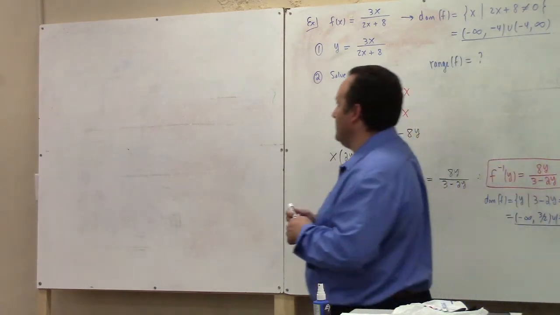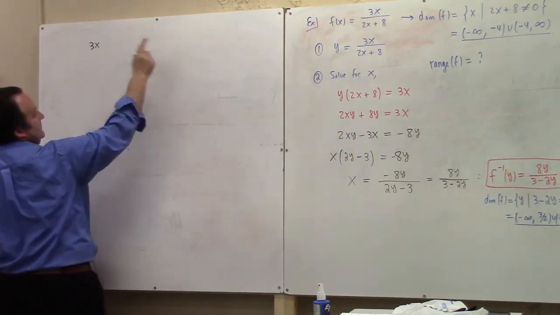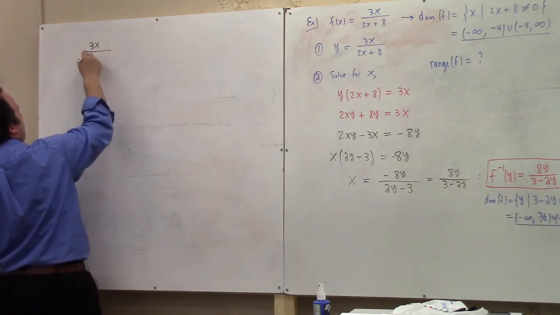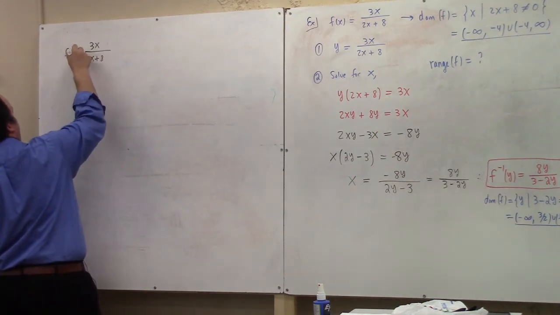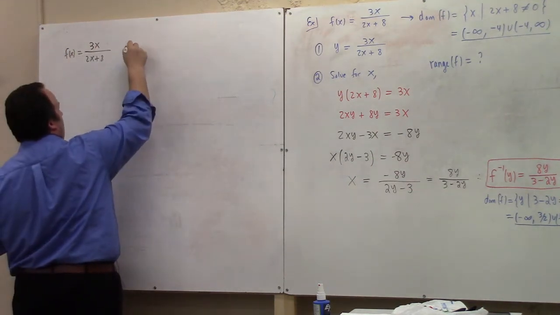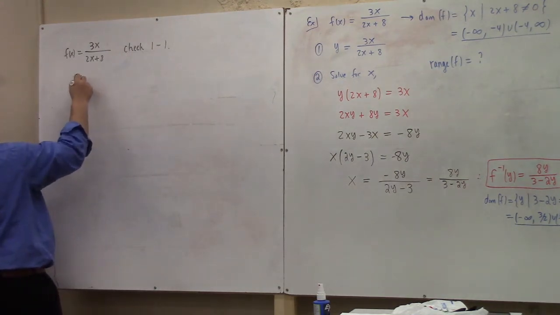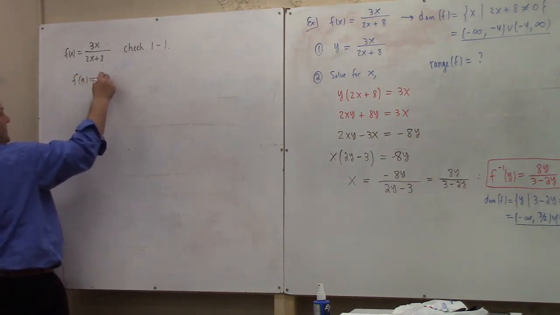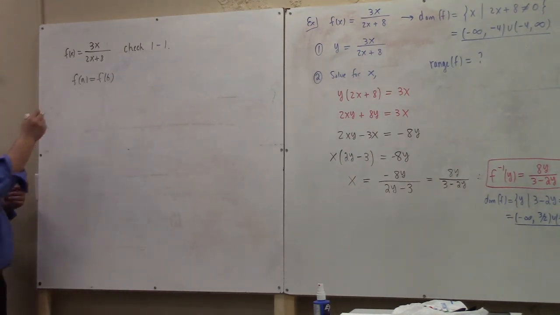Let's do this example right here, 3x over 2x plus 8. We know that this function's invertible. We just found it, right? So let's check it's one-to-one. The way we do that algebraically is we say f of a equals f of b, and we're going to assume that.